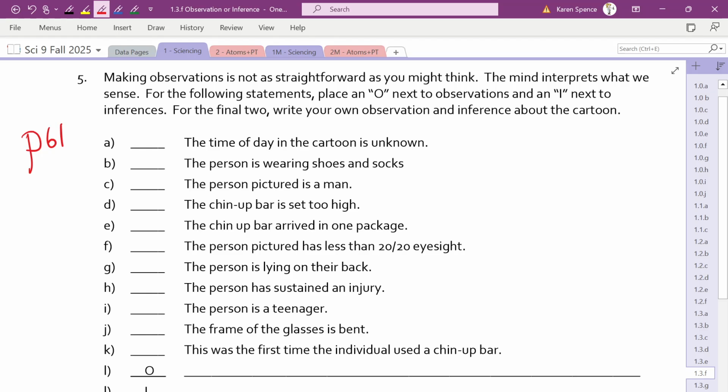Well, it could be based on, for instance, he's on the ground. An observation is his. Yeah, okay.